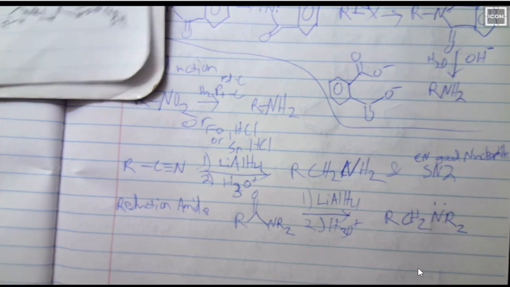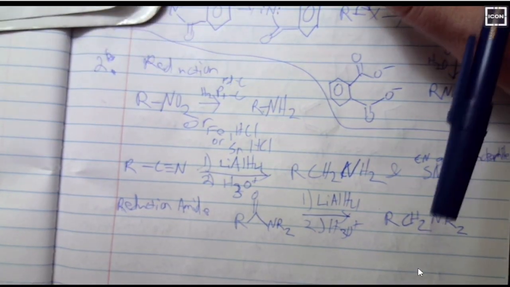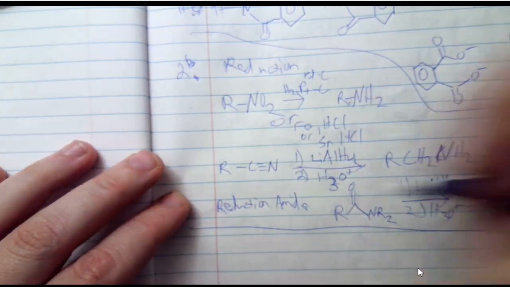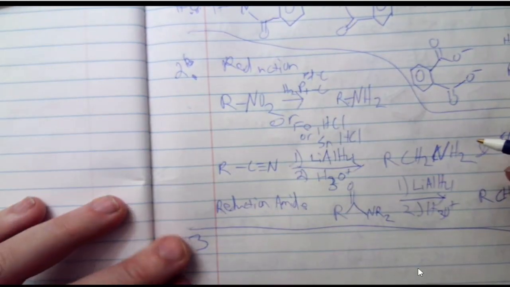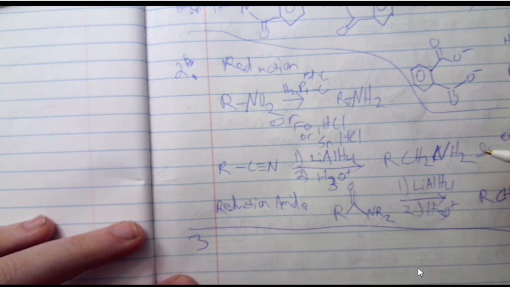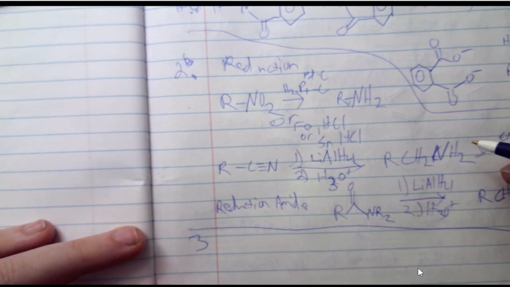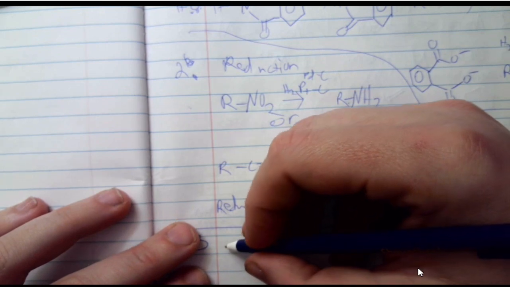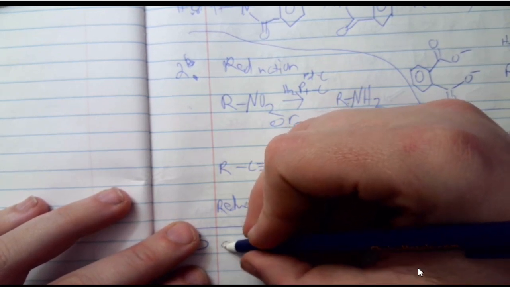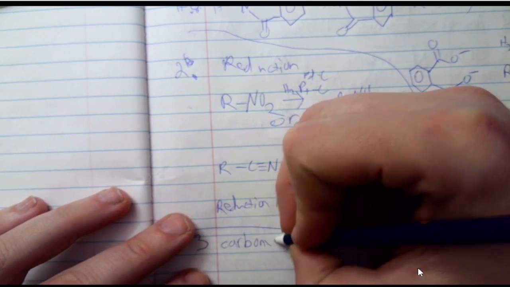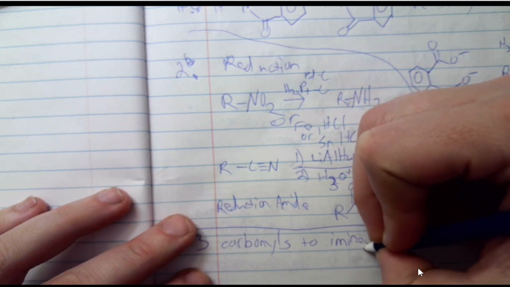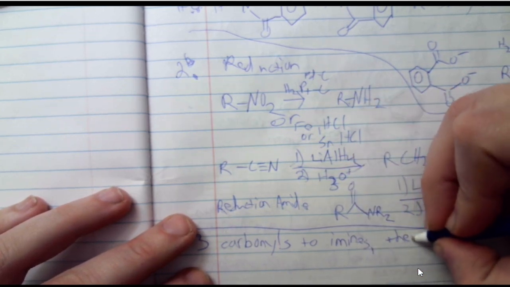With that in mind, reductive amination. So reductive amination is our third and final type of way we have to prepare amines. This one, we're going to convert carbonyls to imines and then reduce.